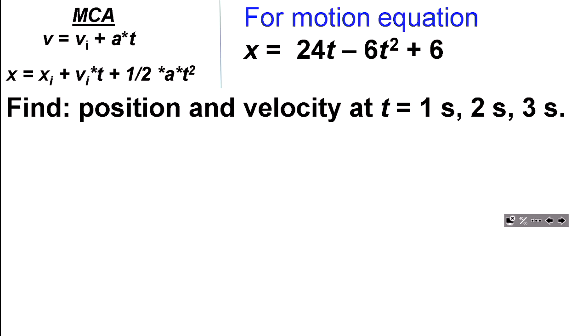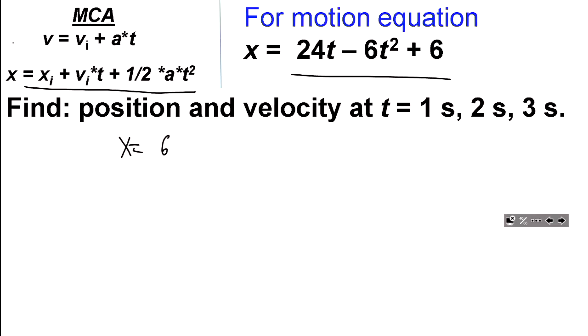Let's say we are given a specific motion equation, like this one. And we just need to extract all information we can. Well, first of all, I always rearrange terms according to the standard form of the motion equation.